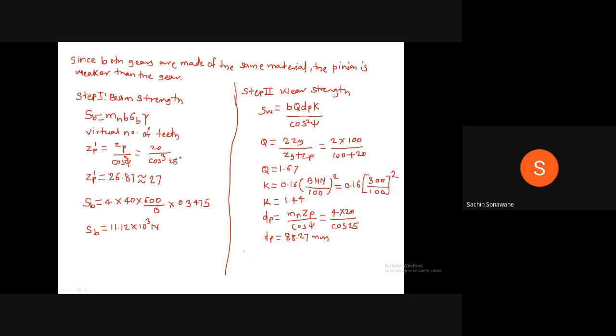Therefore, substitute all these values in this SW equation and find out the wear strength. SW is equal to 40 into 1.67 into 88.27 into 1.44 divided by cos square 25.